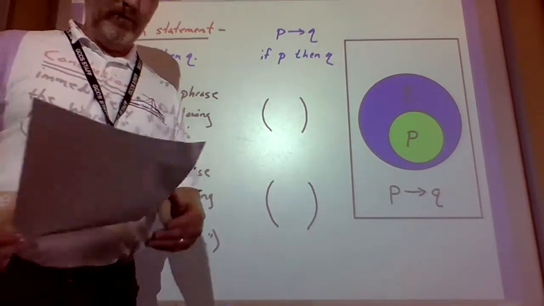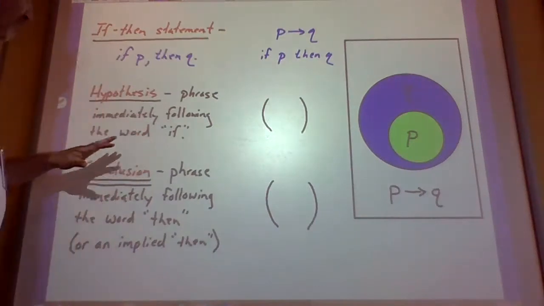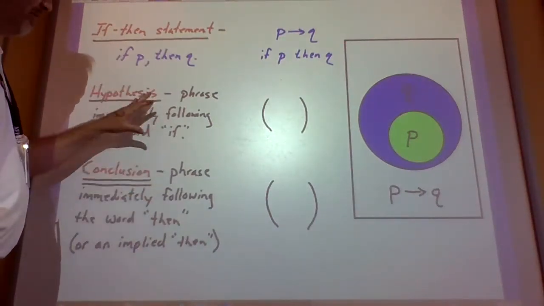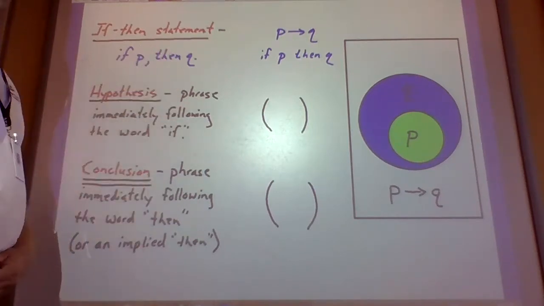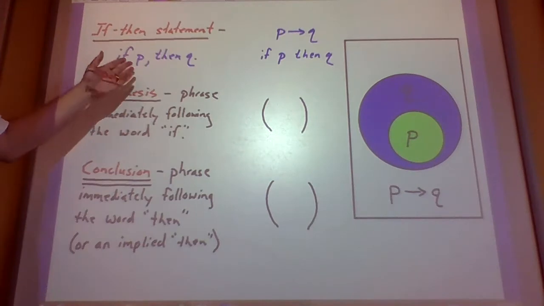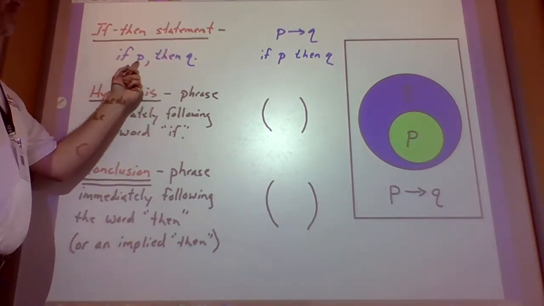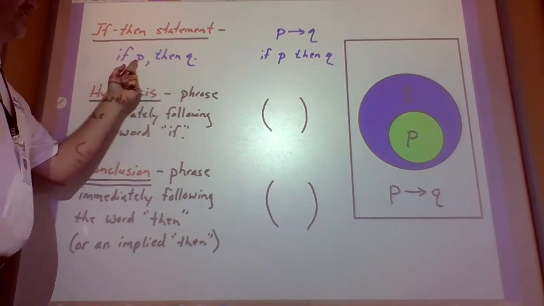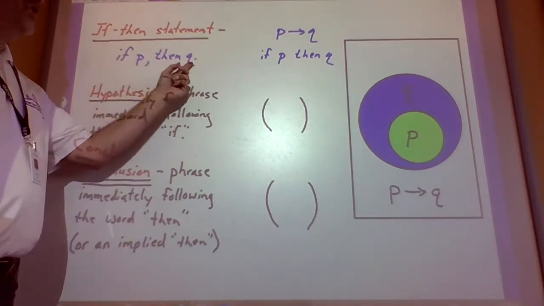On your guided notes here, you're going to see some of these things. This screen, these two vocab words are super important. The rest of the stuff is some different notation that we'll use throughout this unit. An if-then statement can be written literally as if P, and P would be one thing that could happen, comma, then Q is going to happen.